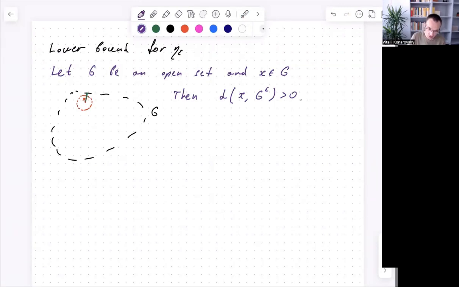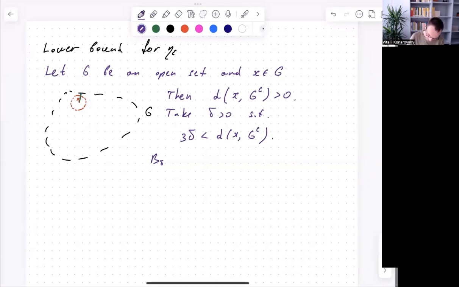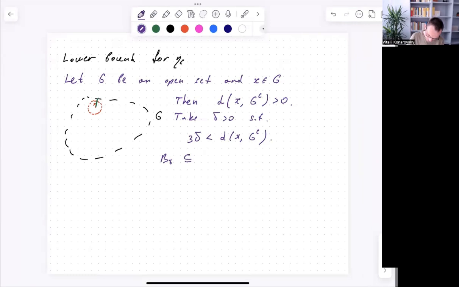And then we take delta so small that 3 delta is smaller than the distance between x and the complement of G. In particular, for this choice of delta, the ball B delta with center at point x is contained completely in G.